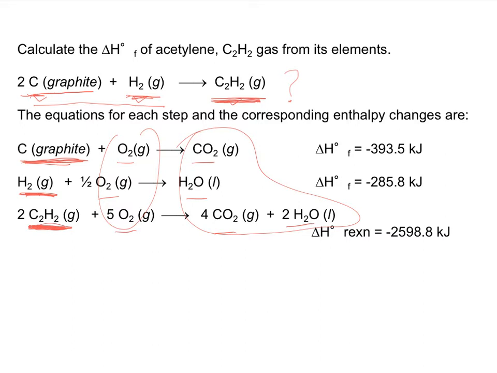So to make this molecule appear on the right-hand side, we need to swap or flip this reaction. When we flip this reaction, we need to change the sign of the delta H for this reaction.